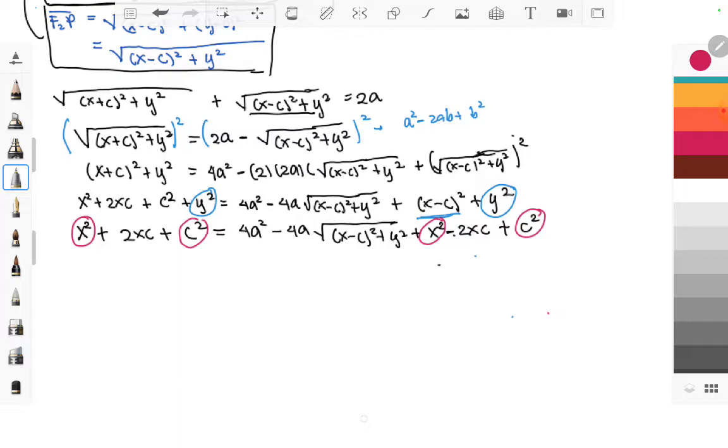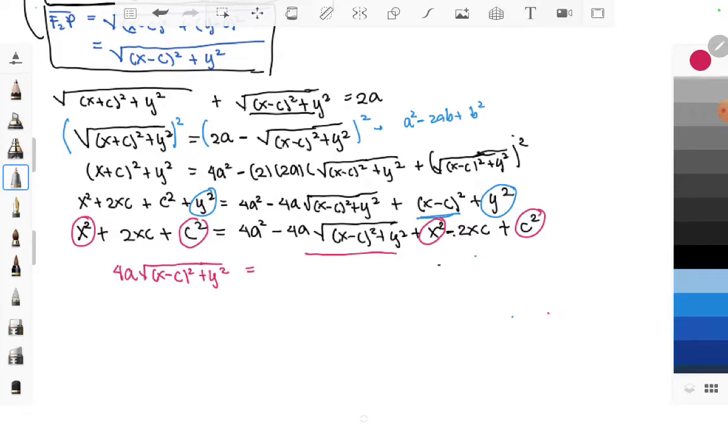And also we can transpose some parts of the equation to the left or to the right. So I will transpose this term to this part. So we'll have 4a, which will become positive, times the square root of x minus c square plus y square equals 4a square.